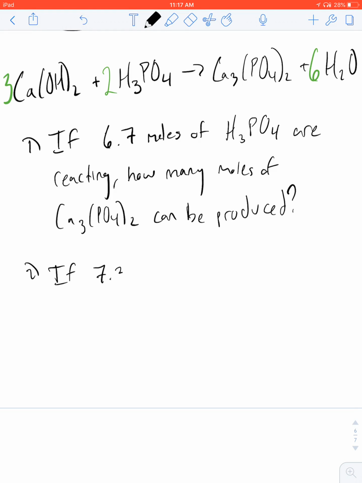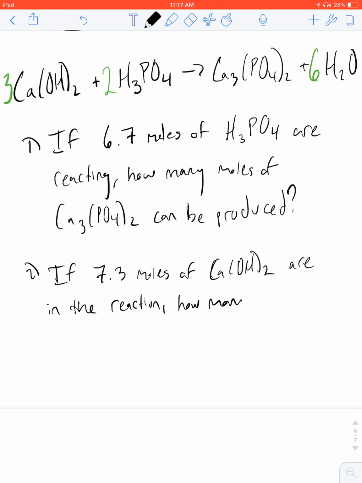Number two: if 7.3 moles of calcium hydroxide are in the reaction, how many moles of H3PO4 are also needed?